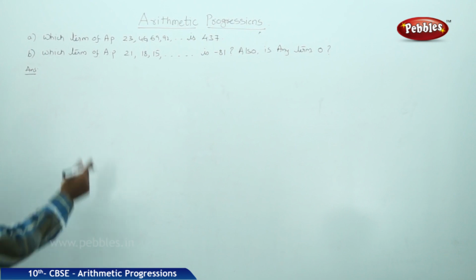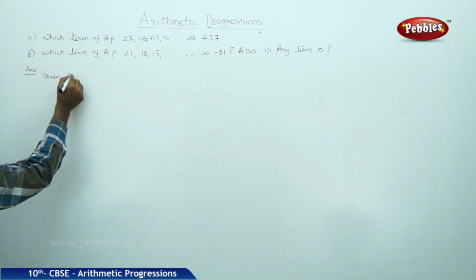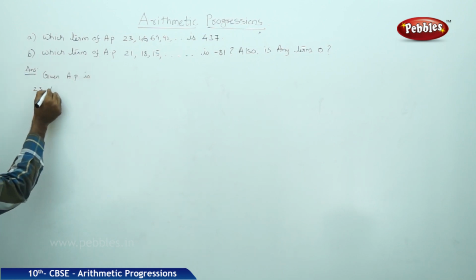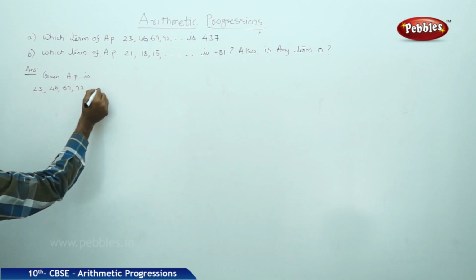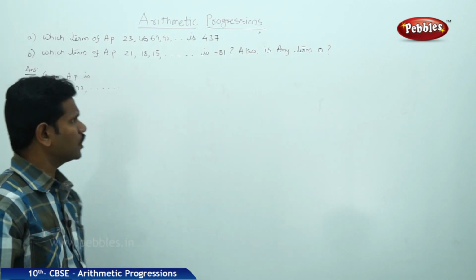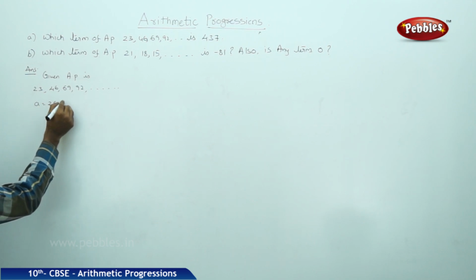Okay, now let us see the first question. Given AP, this is the given AP. Now A is equal to 23.